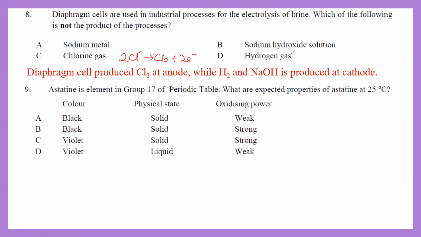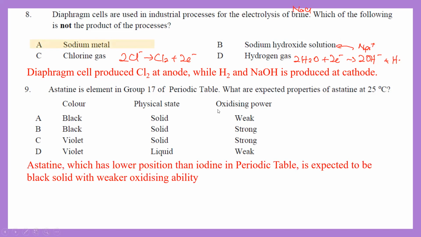And then you form hydrogen gas according to the equation 2H2O plus 2e minus gives 2OH minus plus H2. And then the OH minus will combine with the Na plus from the NaCl, because you use brine. Brine here is NaCl. So you have Na plus, so that is why you form B. So the only substance that is not formed as a product is A.